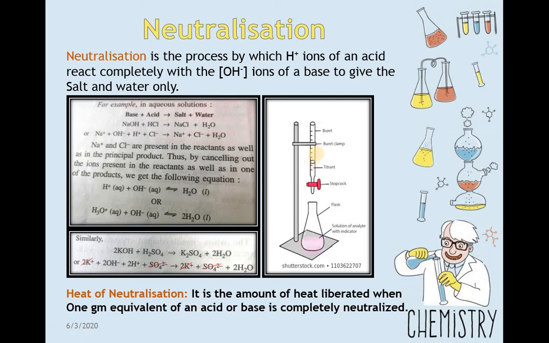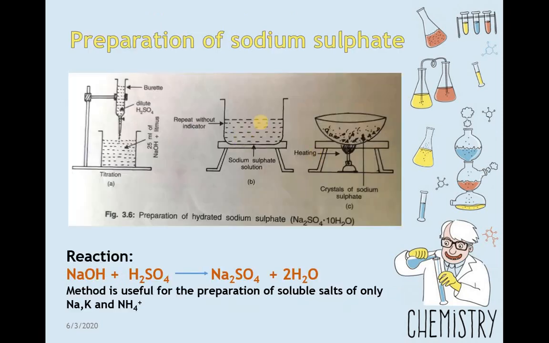Now acid and the alkali are mixed in an evaporating basin, repeating without indicator. Now keep it over here. The resulting solution contains sodium sulfate and water, because the complete neutralization had been done.